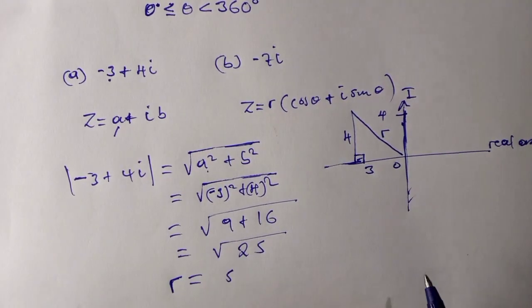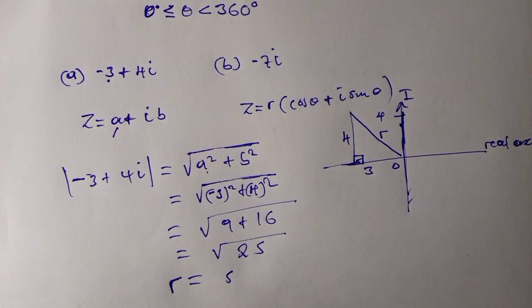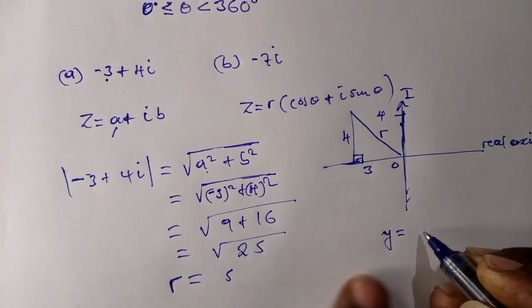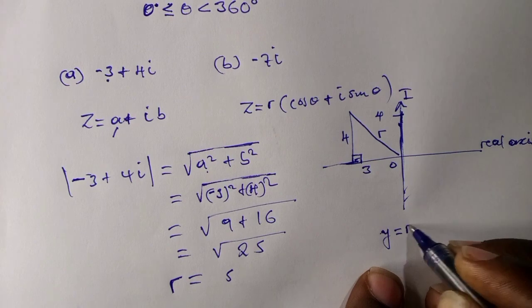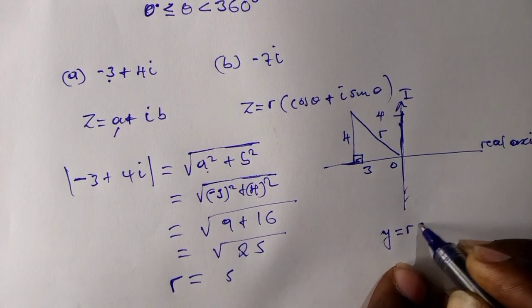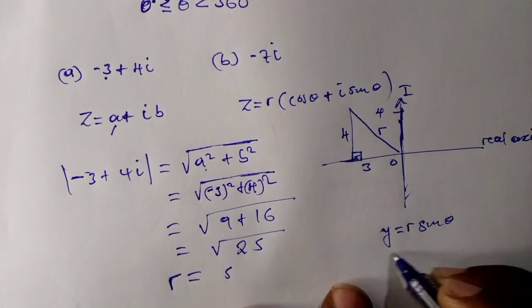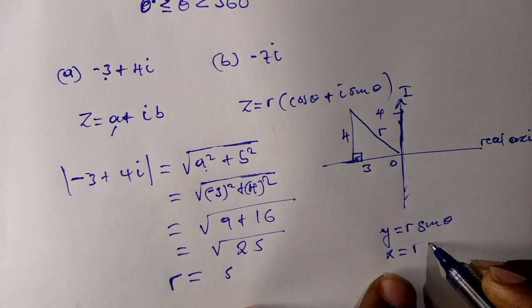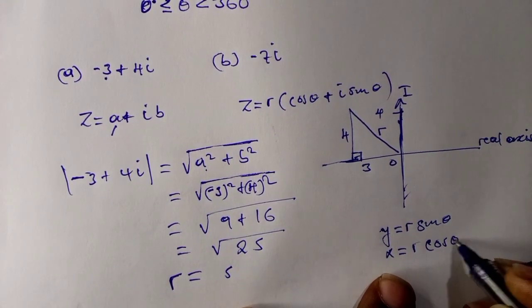And remember that when you are dealing with vectors, we all know that the y component is denoted by r sin theta, and the x component is denoted by r cos theta.